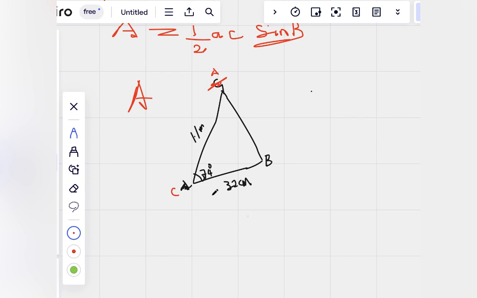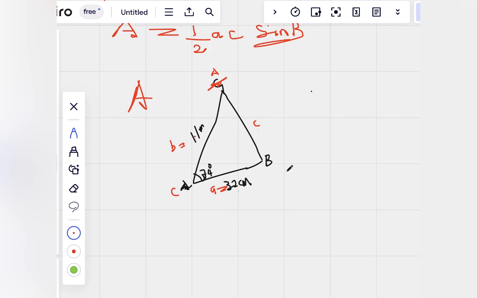Now the side facing the big A is called small a, and the side facing the big B is called small b. This place is small b, which is 1.1. The side facing the big C is called small c, which is the side we're not going to use.